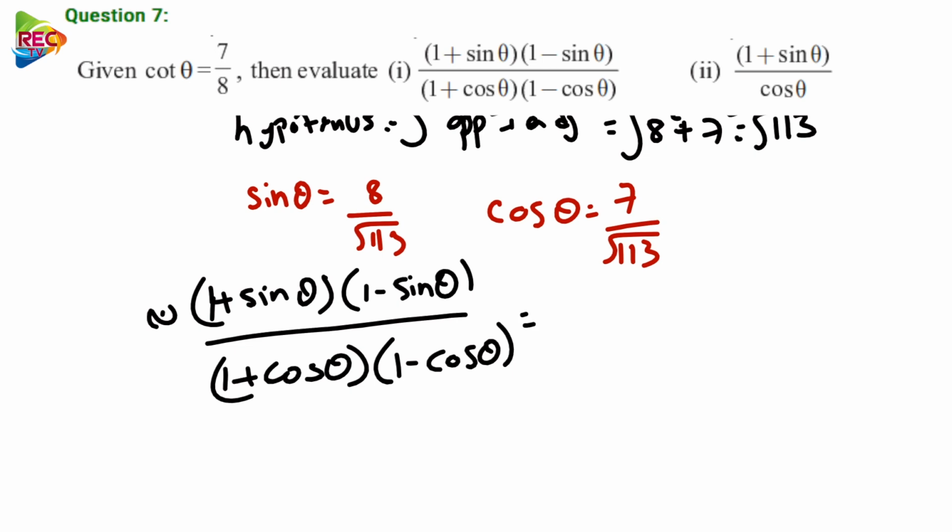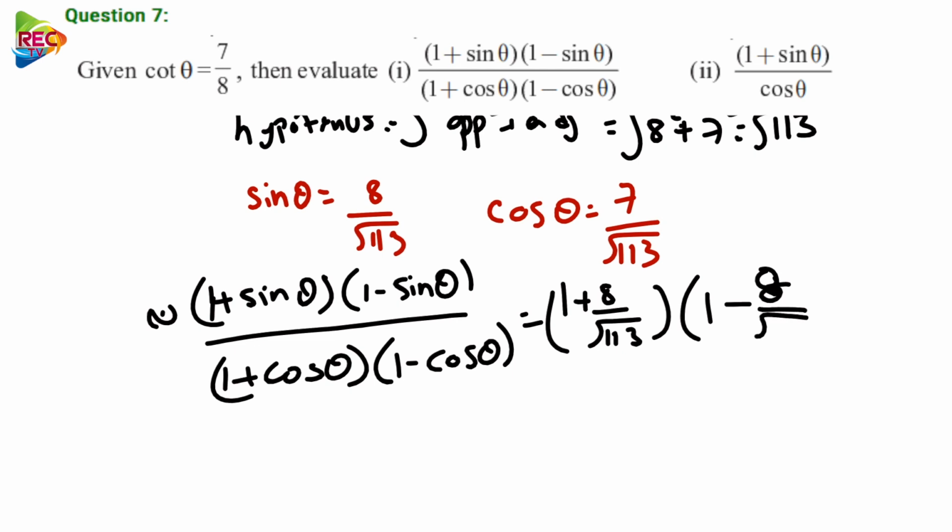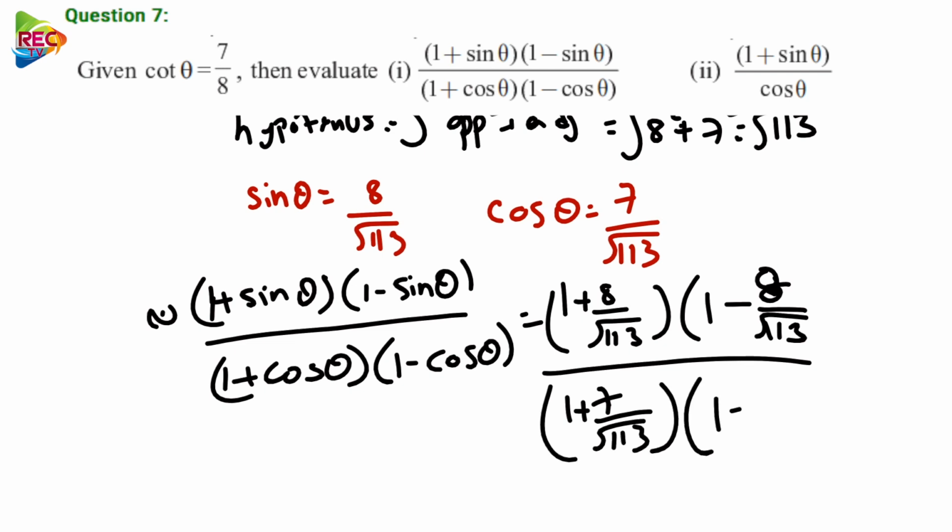That equals (1 plus sin theta)(1 minus sin theta) is (1 plus 8 by square root of 113) into (1 minus 8 by square root of 113), divided by (1 plus 7 by square root of 113) into (1 minus 7 by square root of 113).